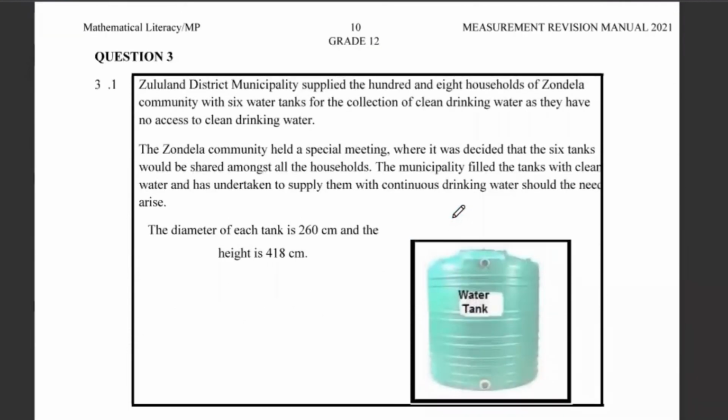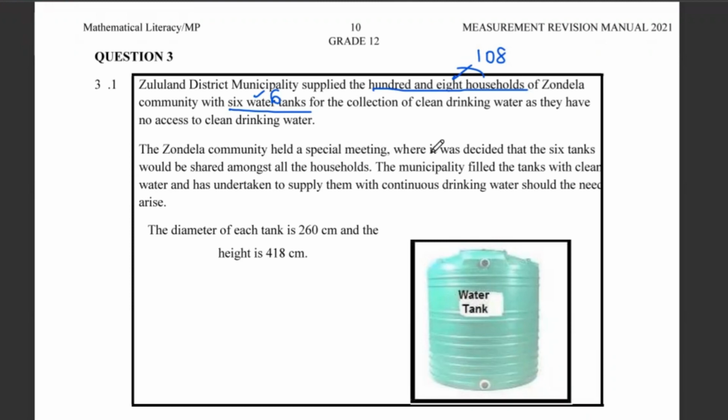We have a question that talks of this. The Zululand District Municipality supplied 108 households of Zondela community with 6 water tanks. Please turn this into numbers. These are households, 108, not 180.